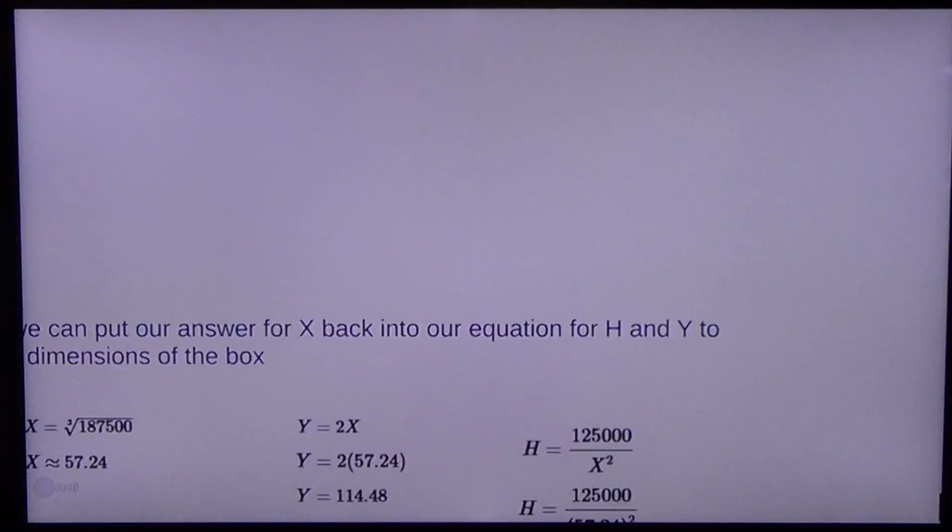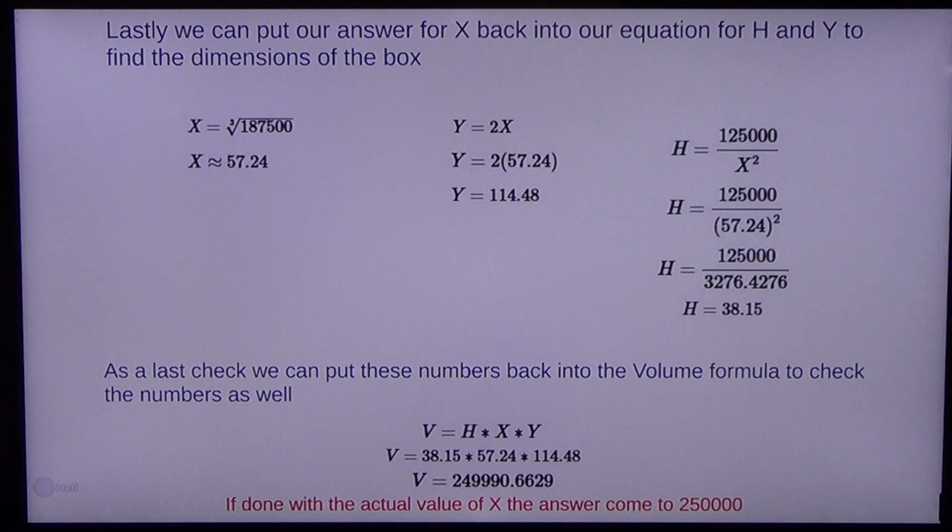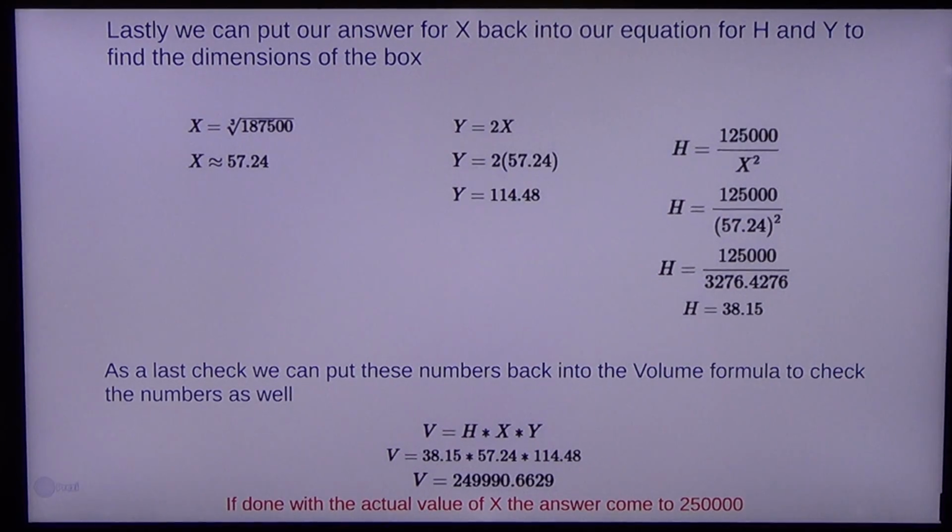So what we're going to do next is put this back into our original finding. Since we know that x is simply the width, we go on to the length, which we knew was 2 times the width. So we end up getting an approximation of 114.48 centimeters. And we knew that the height was 125,000 over the width squared. And we get 38.15 centimeters for that.